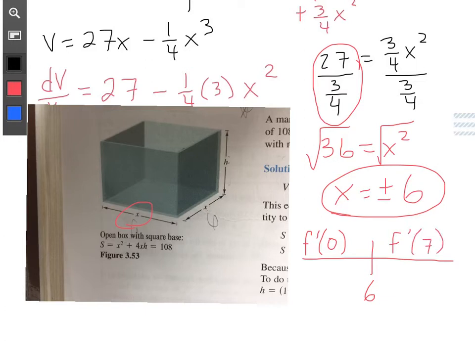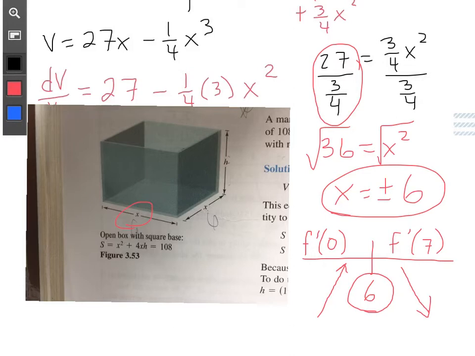And the reason we are is we're testing to the left. When you plug 0 into the derivative, what do you get? Positive. So the function is going up to the left. And then when you plug 7 in, do you get negative? Negative. So the function is going down to the right of 6. So that confirms that there's a maximum at 6.